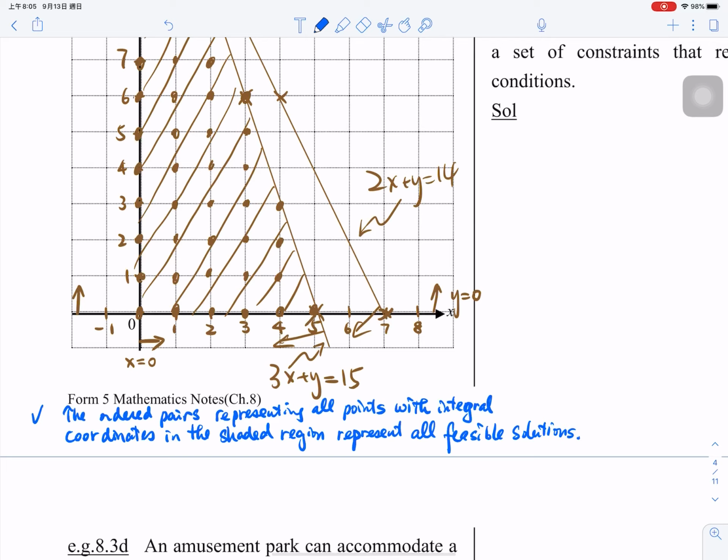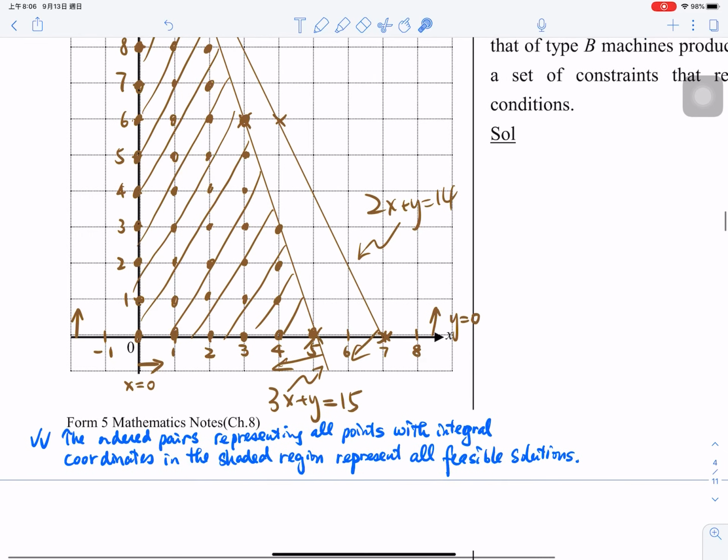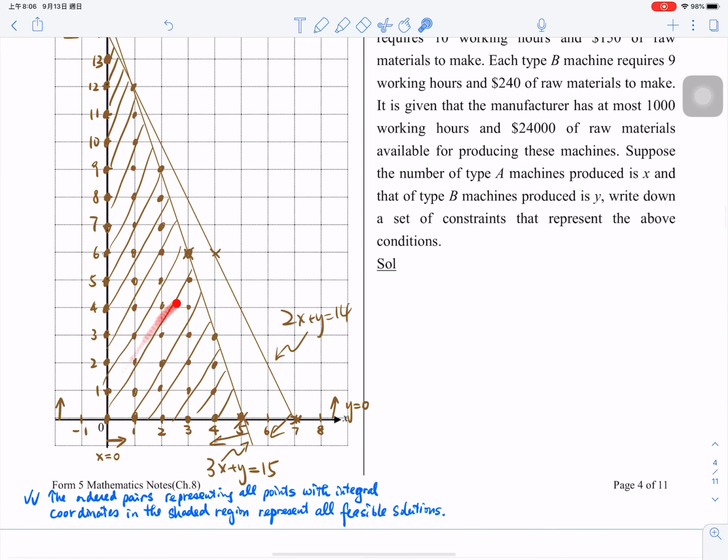Okay, so it's better for you to write down this sentence than just shade the region. No need to point out all the points. Otherwise, you can mark all the points by yourself also.